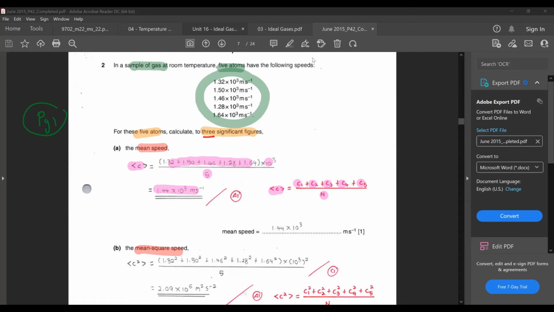The next part of the question asks you to find out the mean square speed. Mean square speed is referring to this one. Mean square speed would be you squaring all the speeds and then finding the average.